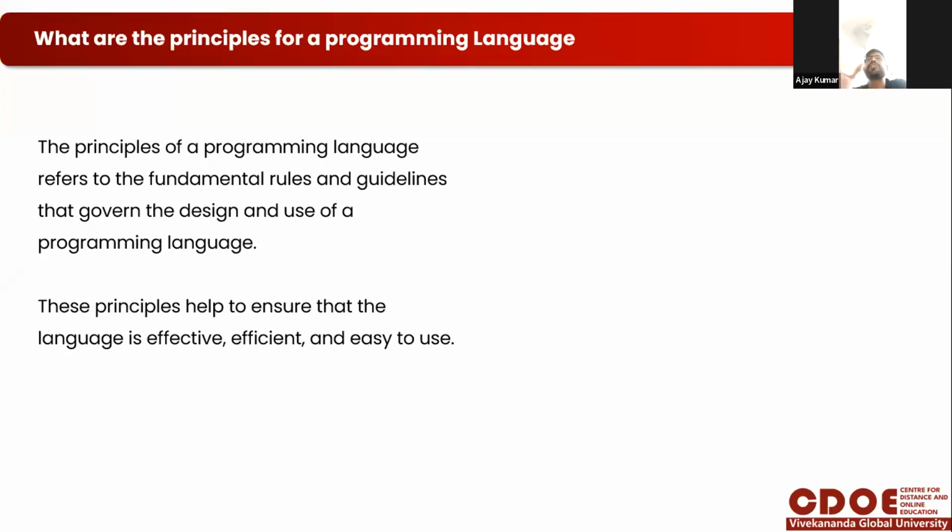We want this code to run on every platform, and to be easily understood, whatever the purpose of that program or application. So we want every programming language's principles to guide us toward a simple, easy to use, effective, and efficient way.